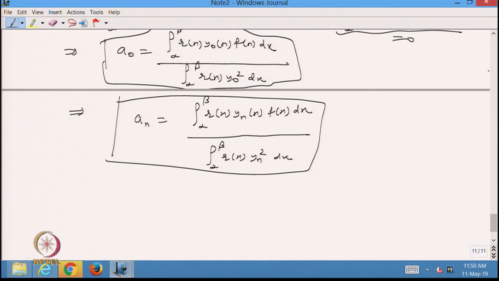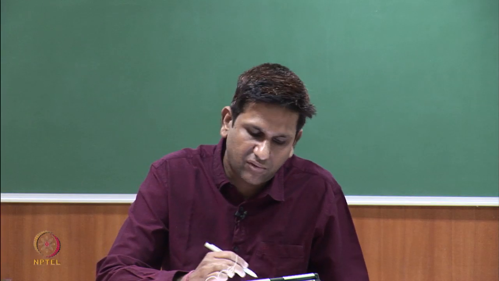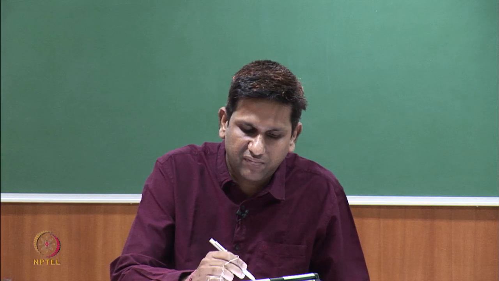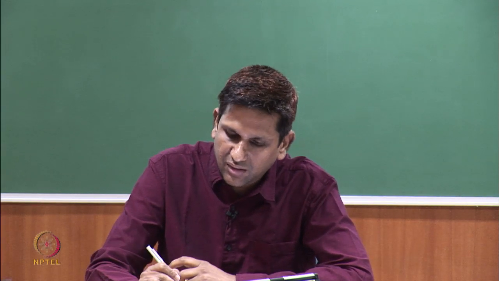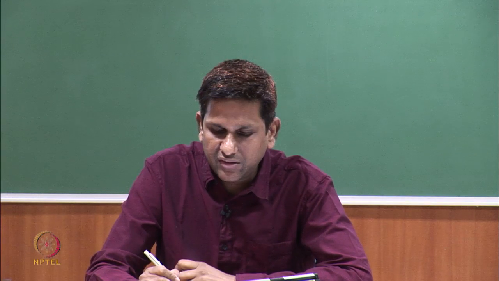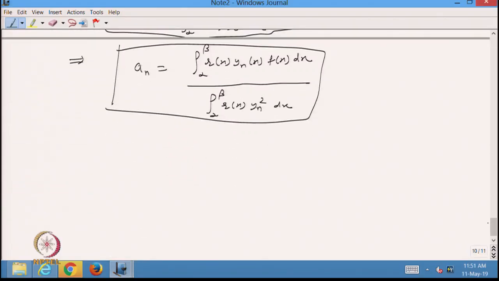And this integral we can evaluate very easily. From there I can find the value of an, and then we are able to write the function in terms of a series, and that series is made up of the functions yn, that is the eigenfunctions corresponding to the eigenvalues. If you just remember, this concept looks similar to the Fourier series. That we will do in the future, but this is just another series in which we are able to write a function in terms of the eigenfunctions corresponding to the eigenvalues.